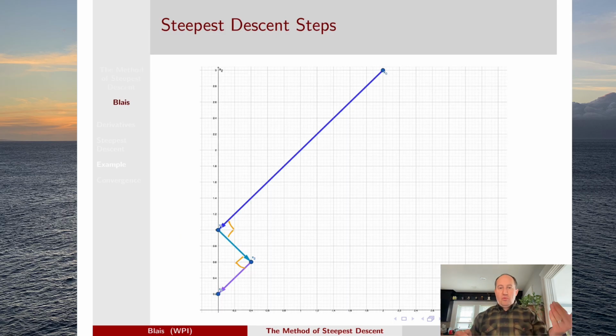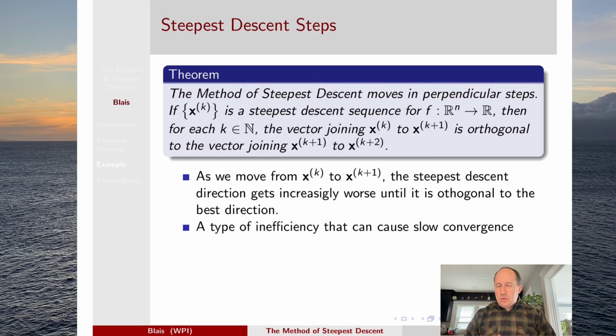That is a formal way of stating what we see depicted here. But this is kind of interesting because what this means is as you move in the direction of steepest descent, your descent direction is getting worse and worse as you go further along that step, until when you actually get to the new iterate, you are orthogonal to the new steepest descent direction.